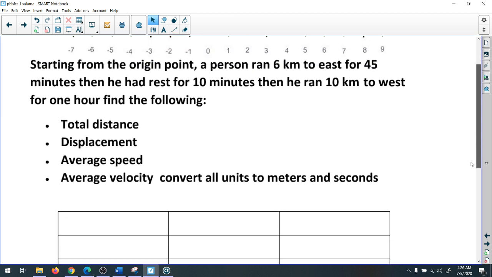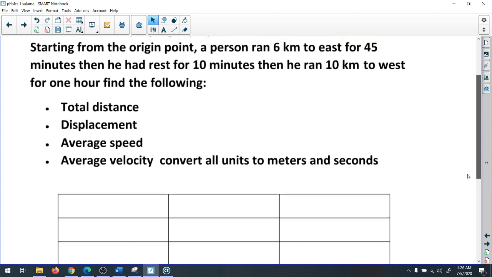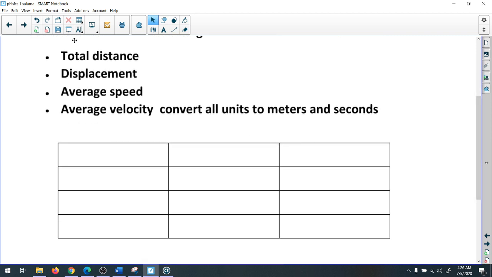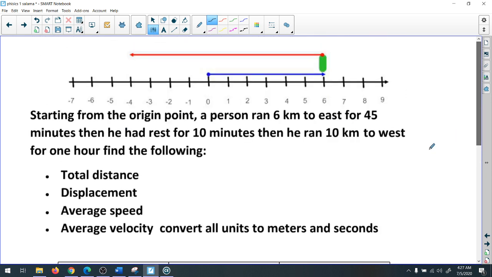First, let's find the total distance. Let's assign this column for distance. For distance one, we're going to convert from 6 kilometers to meters.